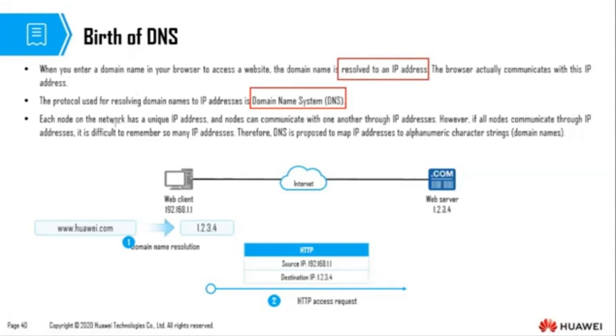The browser actually communicates with this IP address. So look here. When you type Huawei.com, we have domain name resolution, which translates this to a public IP address.